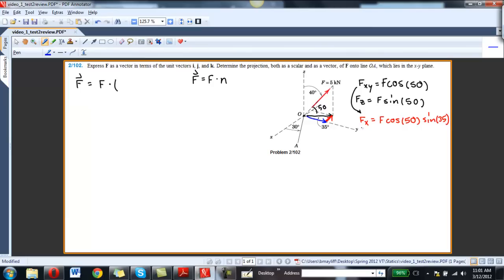And in blue we have Fy, and that's going to be equal to F cosine 50 cosine 35. And these are actually both going to be negative, but we won't worry about that right now.